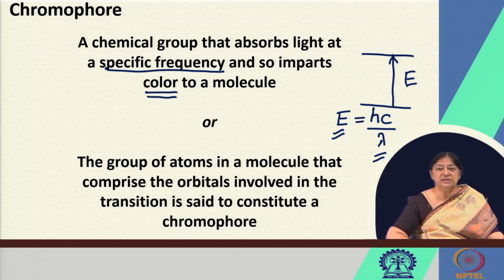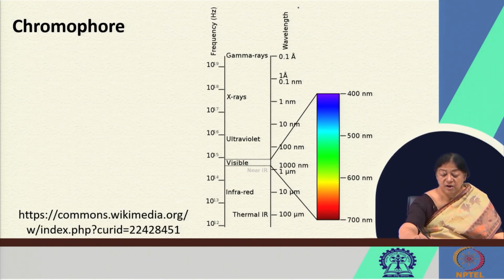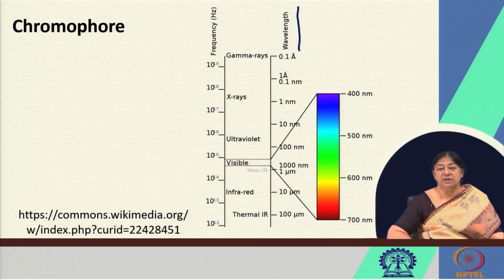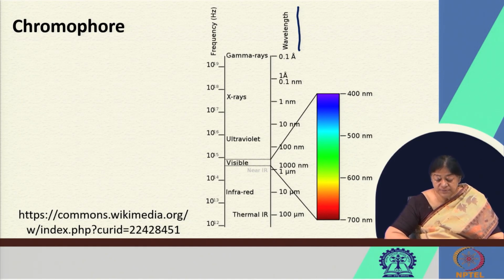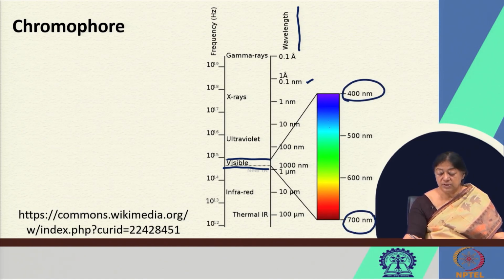Now, what do we mean by this? When we look at the electromagnetic spectrum, we see that it has a range of wavelengths. The range of wavelength means it has a range of energy. Now, this means that when we look at the specific wavelength values, we know that we have the visible region from 400 nanometer to 700 nanometer, and we know the colors that we follow here, the VIBGYOR that we know.